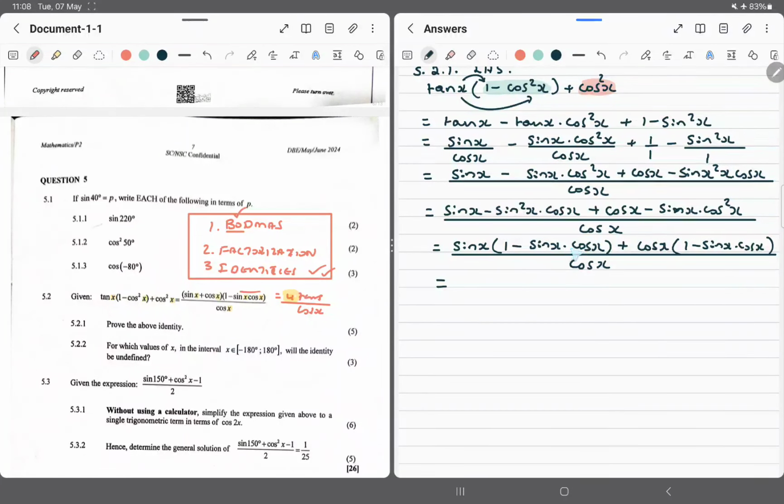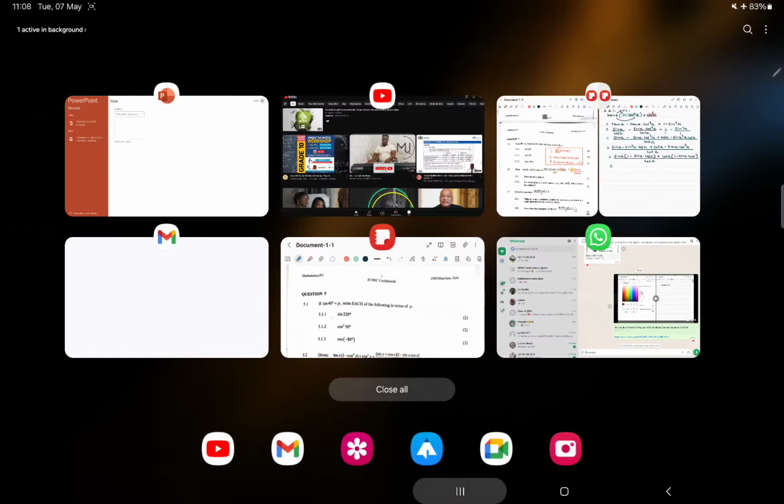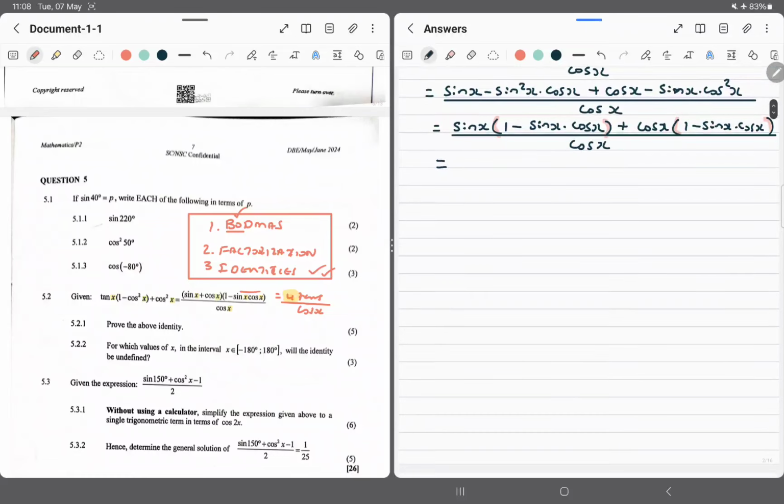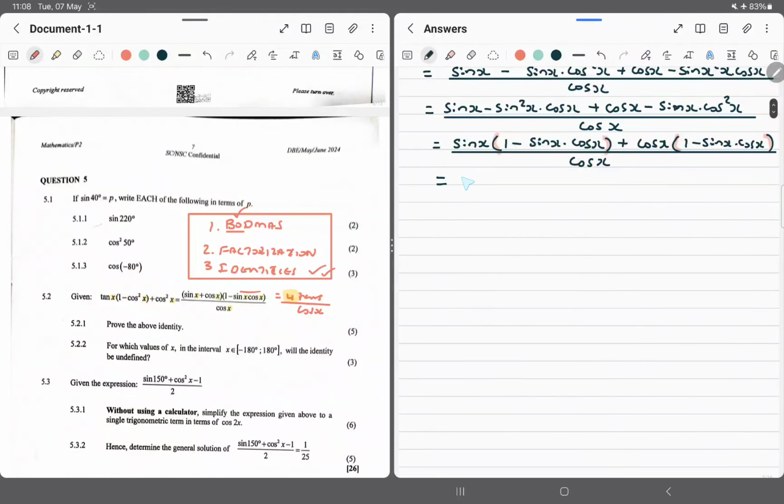Now let's have a look here. Can we see now that we have a common factor? This bracket is essentially common to both terms. So we can take it out as a common factor. And when we take that bracket out as a common factor, what do we remain with? With sine x plus cos x.